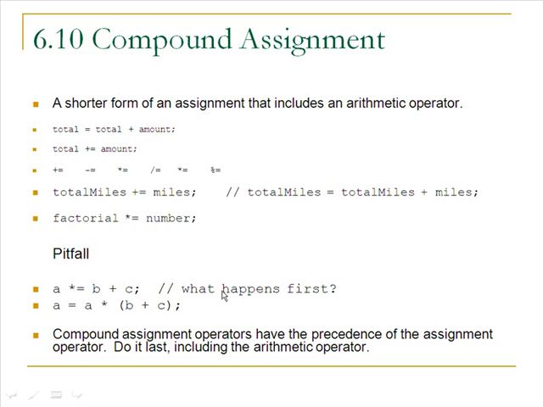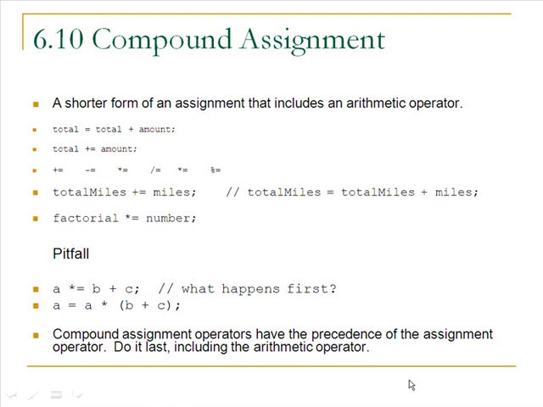And there's not too much tricky about these. The only one that I can think of is when you have a multiplicative compound assignment and an additive operator on the right hand side. Which happens first, the addition or the multiply? Well, the compound assignment operator has the same precedence as the assignment. That means the lowest possible precedence. So it's going to happen last.